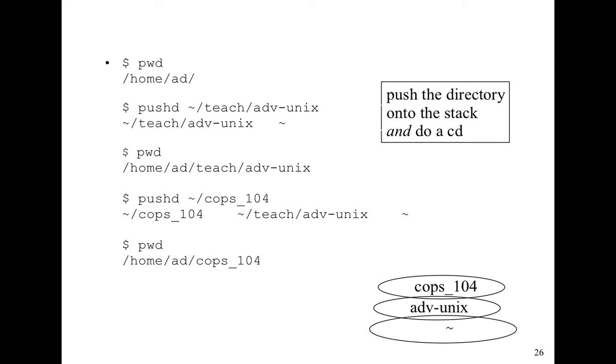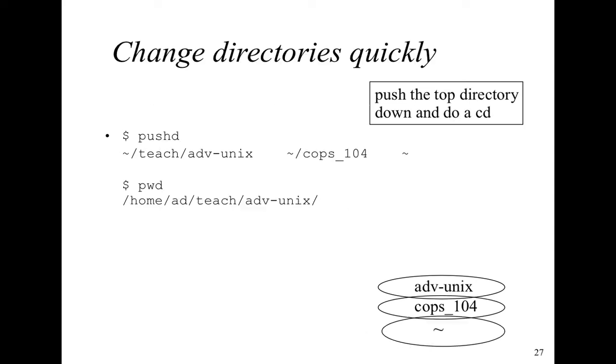Then we can pushd another directory on, and if we check the stack, we're in the other directory. So pushd pushes something onto the stack, and you can push the top directory down and do a cd at the same time, excuse me. So pushd, push it down further.